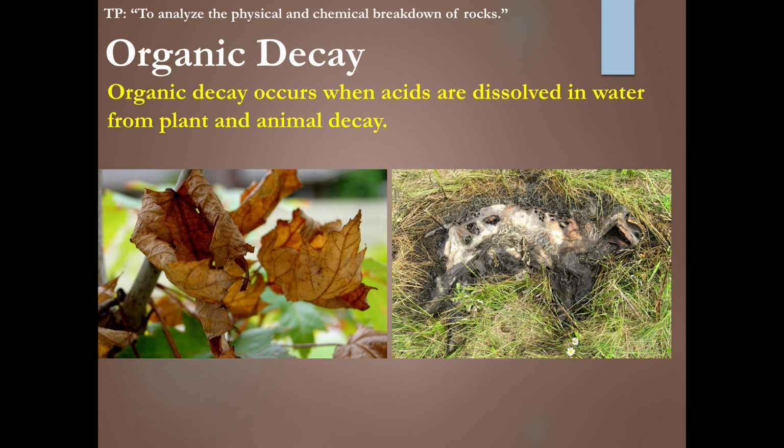Alright, and the last important thing, the last final one for chemical breakdown, is organic decay. Organic decay occurs when acids are dissolved in water from plant and animal decay. So we have plants that are what we call deciduous, that will lose or turn color and eventually would die out, and can add some acid into the soil.